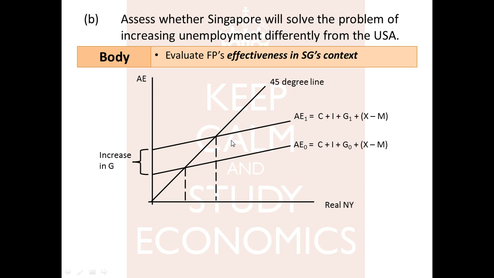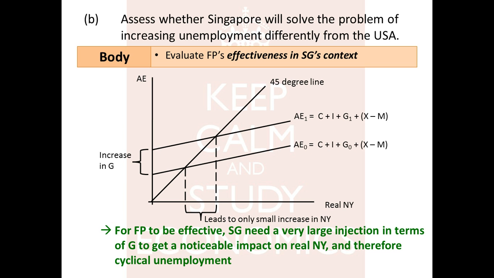Now recall the intersection between aggregate expenditure and the 45-degree line gives you your equilibrium, which means that you only have a very small increase in national income with an increase in G. So basically what I'm trying to say is that in the Singaporean context, for fiscal policy to be effective, the government needs to make a very large injection, or a very large increase in G, to have a noticeable impact on real national income and on cyclical unemployment.